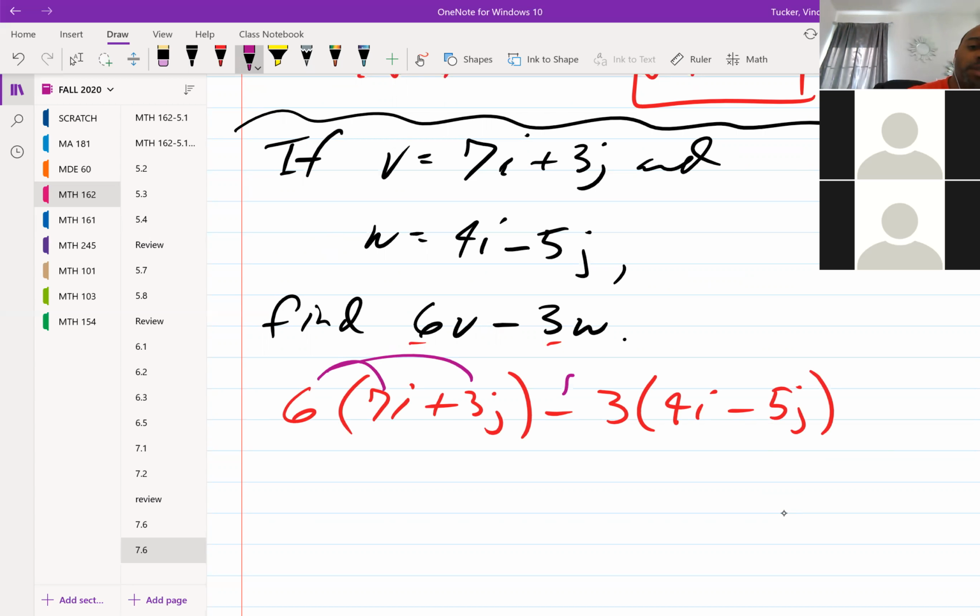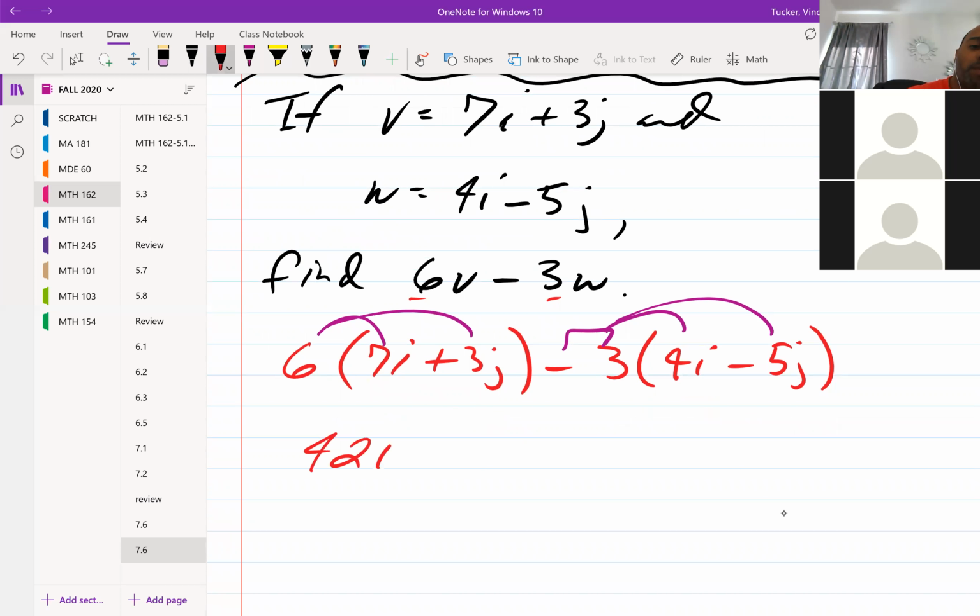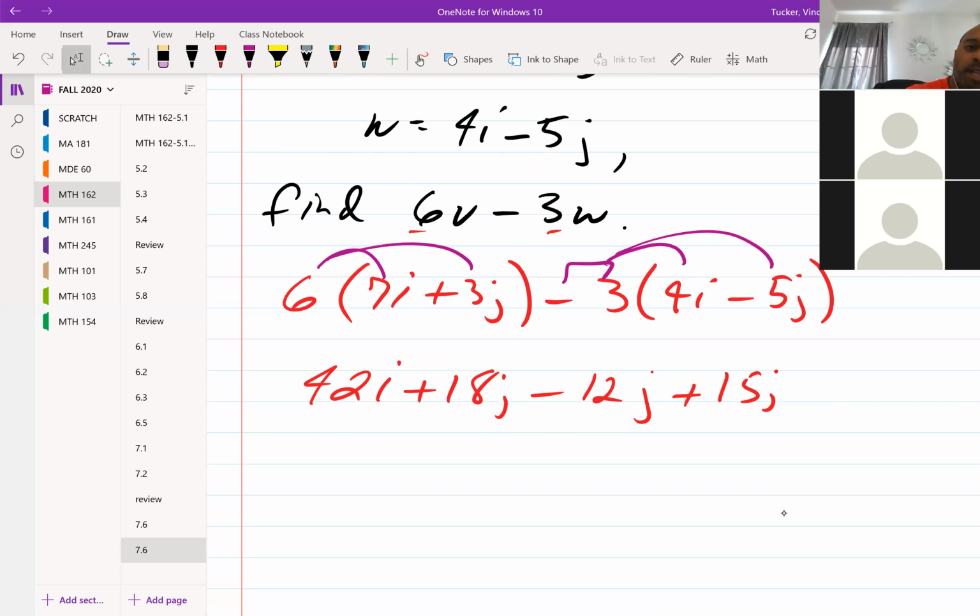That gives 42i plus 18j minus 12i plus 15j. Combine your like terms: 42 and -12 is 30i, and 18 and 15 is 33j.